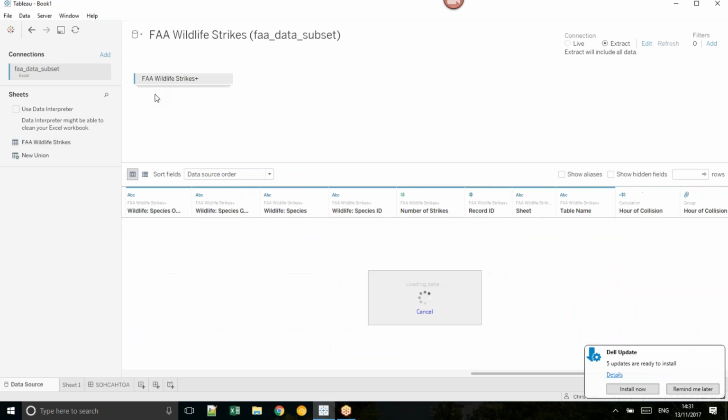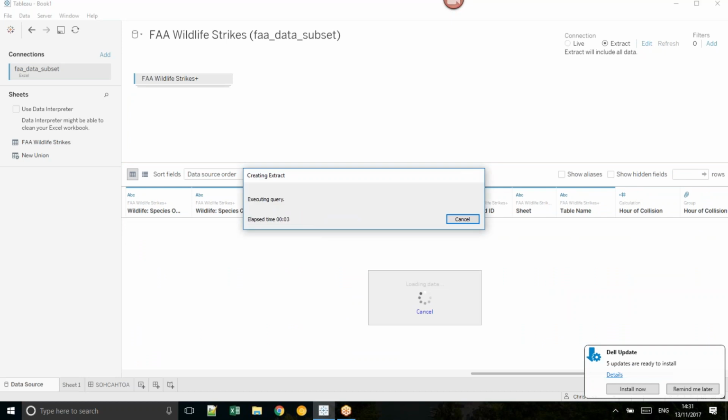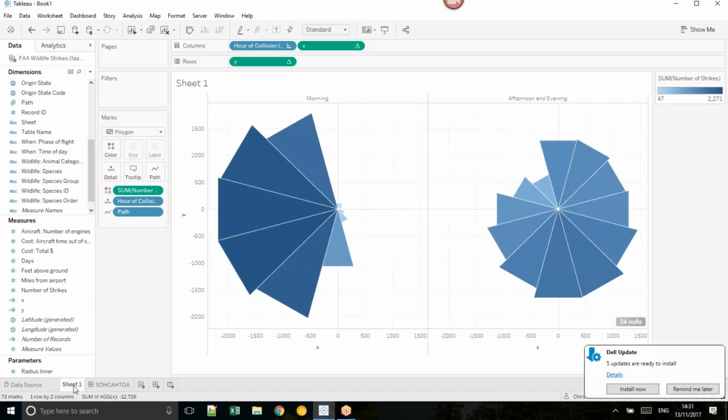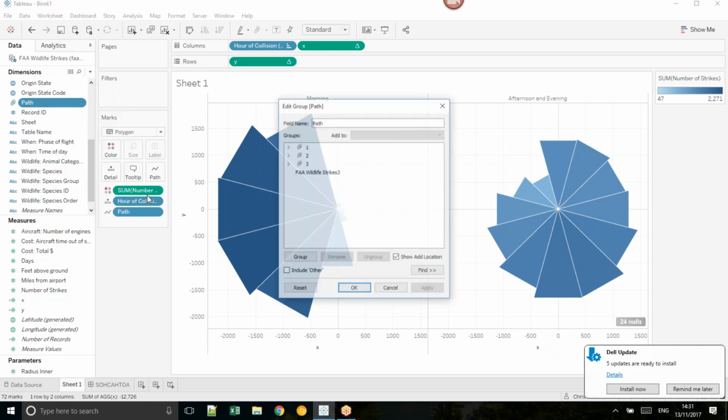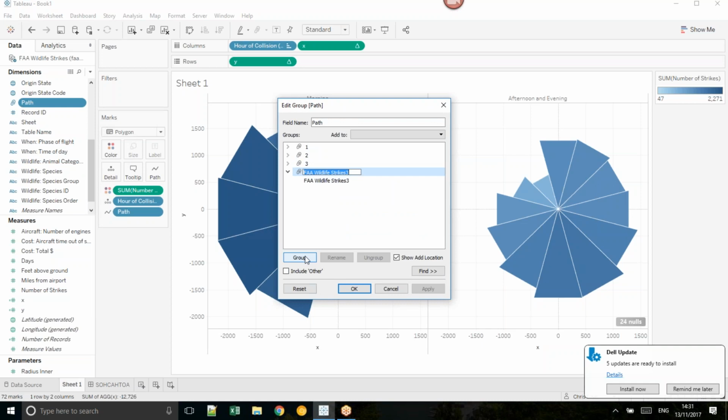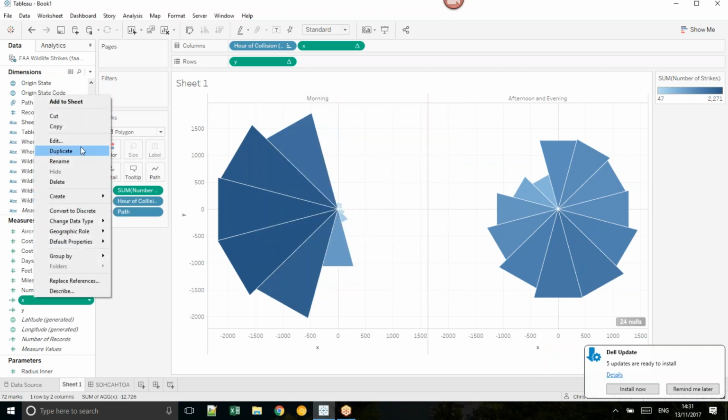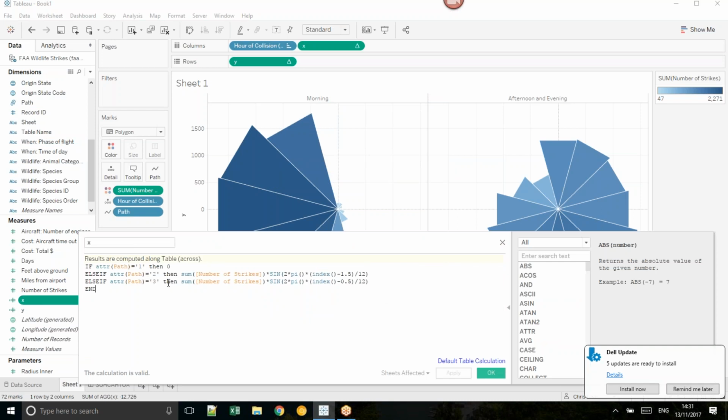Let's drag that union in. Come back into my main sheet. And now, in my path variable, I can change this to 4. And now in my X, I've got a 4th variable that I can play with.